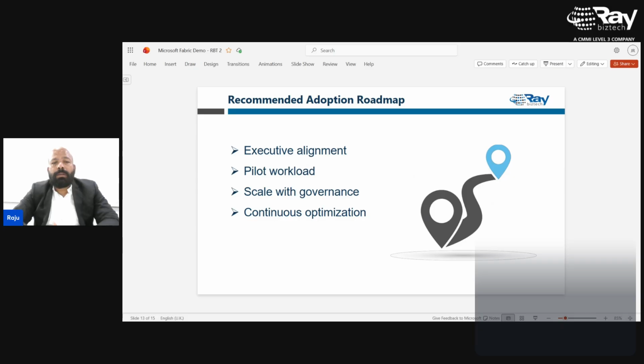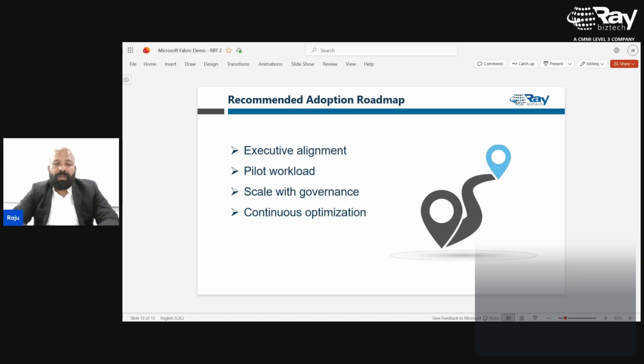Recommended adoption roadmap. Once executive alignment is done, basically the executives have to agree on the business value, the ROI, and the cost effectiveness. If they are moving on to Fabric, we suggest a phased approach.